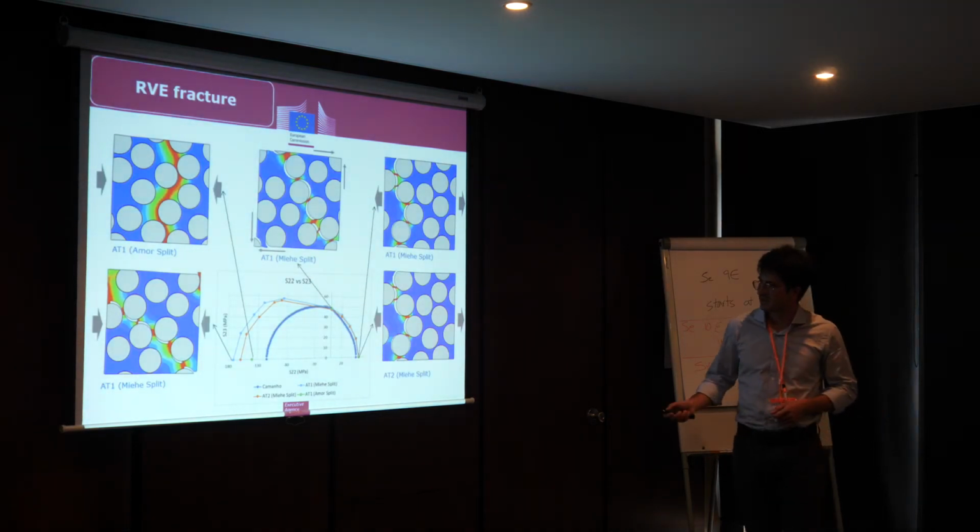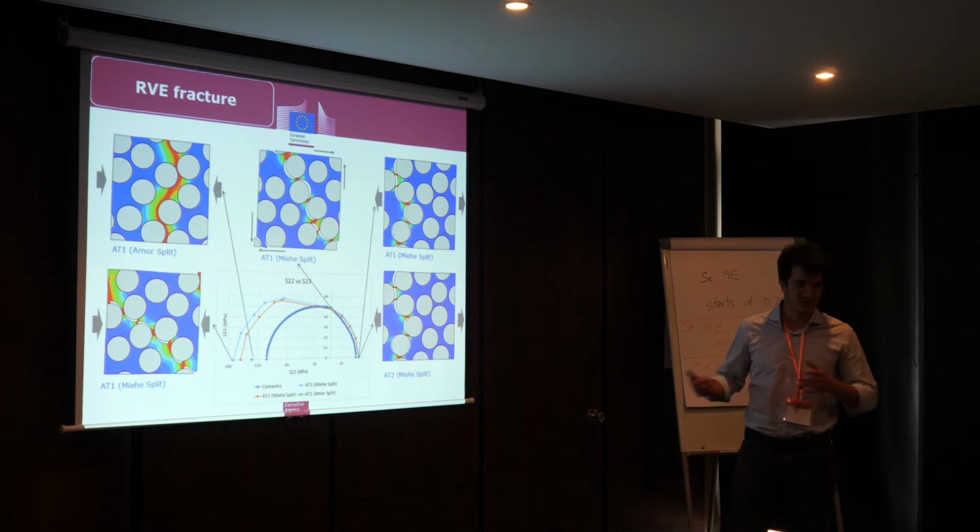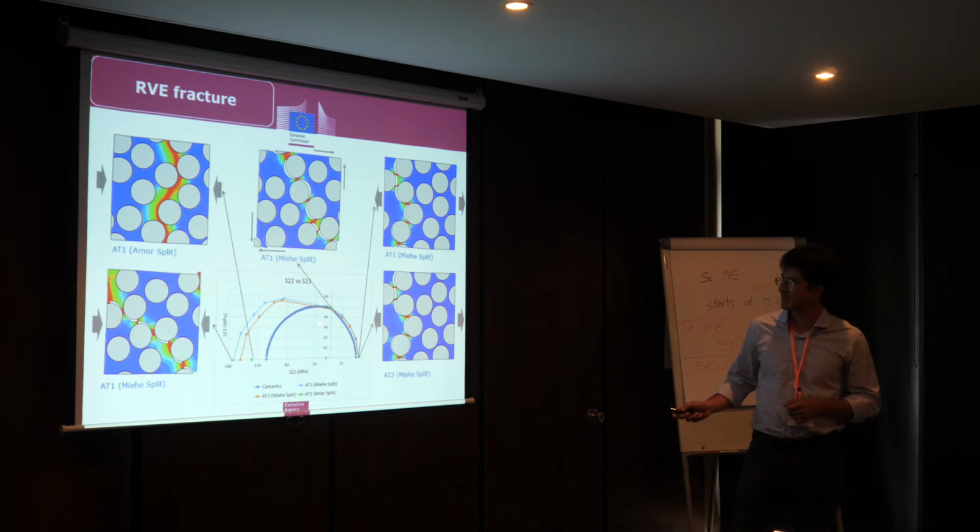So initially, these are the results I will get. In tension-dominated loading, the results are quite similar, actually, because they are dominated by fiber decohesion. That's the main failure mechanism, and that will trigger failure in the matrix. In compression, it's completely different.